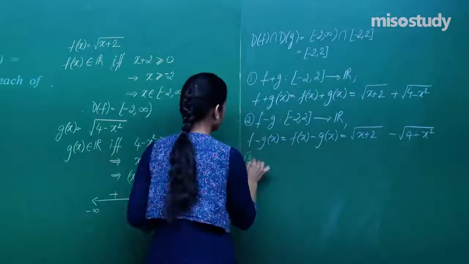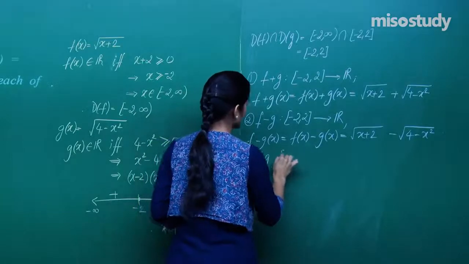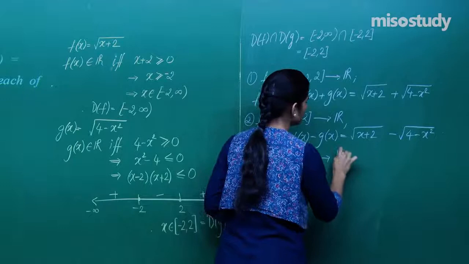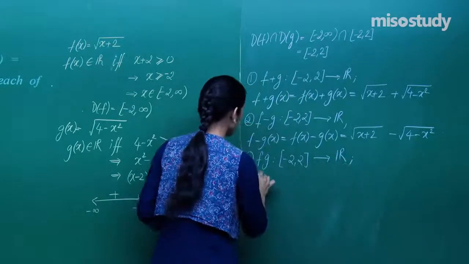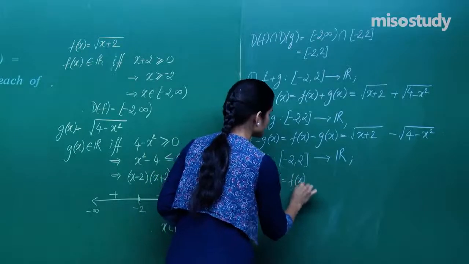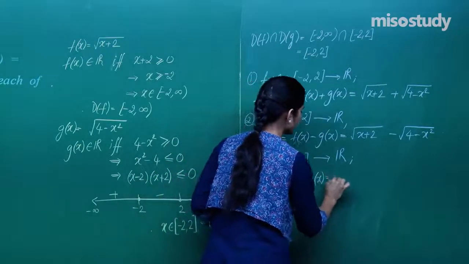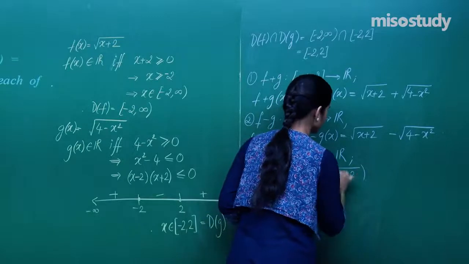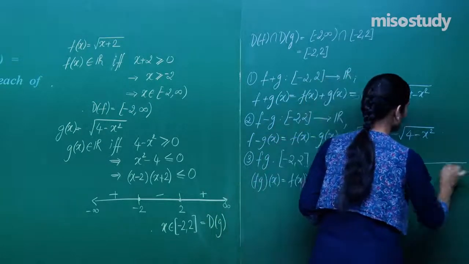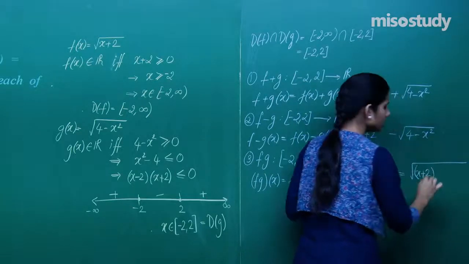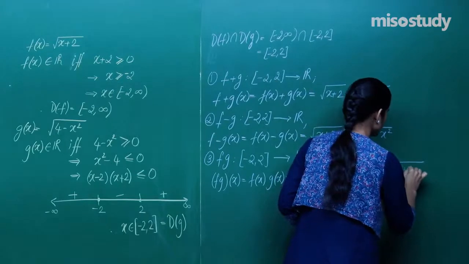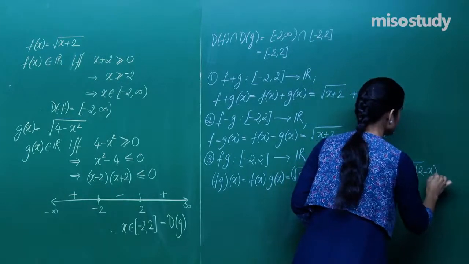Next I have f into g, which is again defined from the intersection of both the domains of f and g to R such that fg of x is f(x) into g(x), which is root over x plus 2 into root over 4 minus x square. 4 minus x square is 2 plus x, 2 minus x.